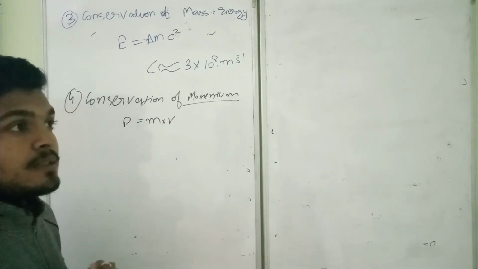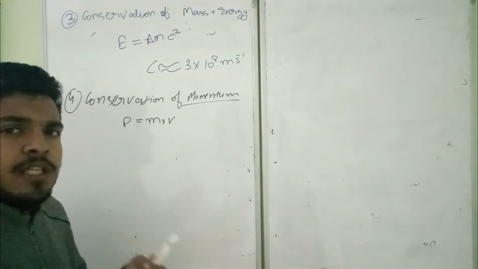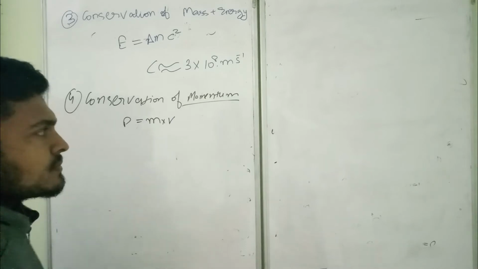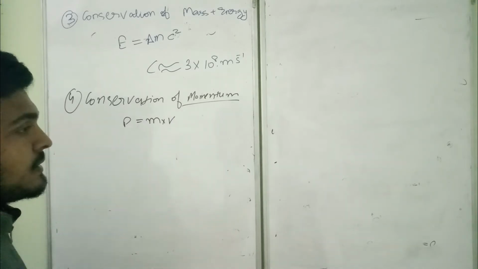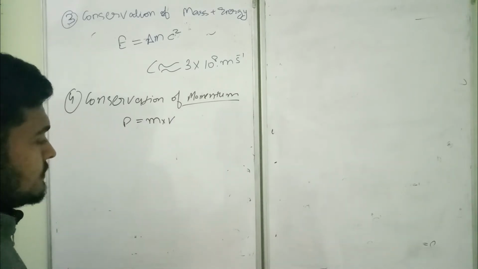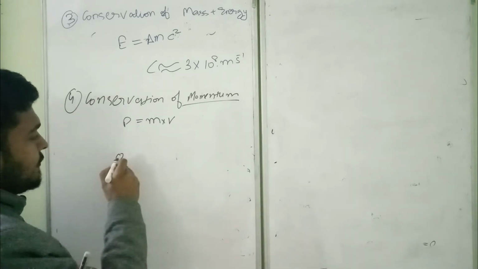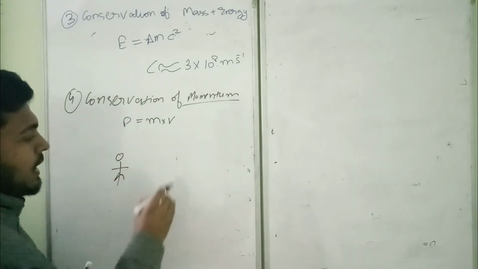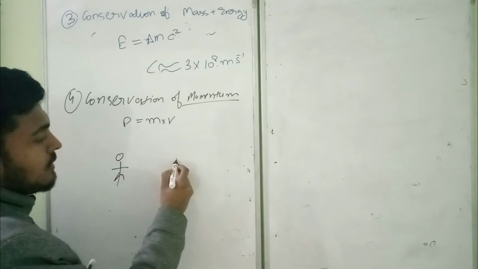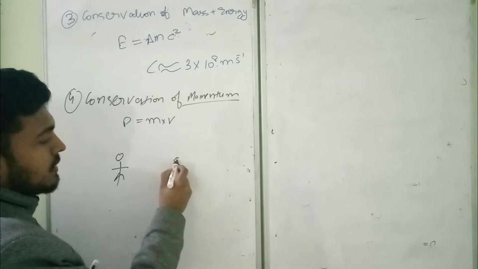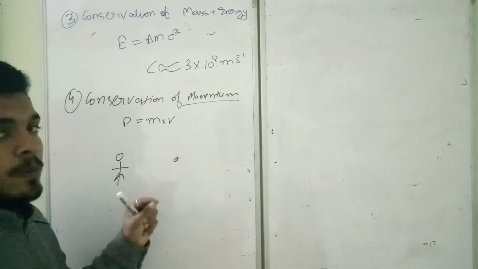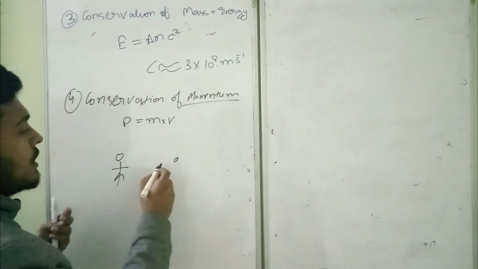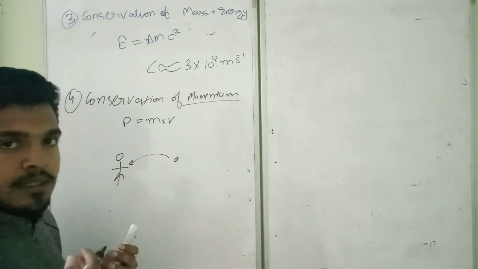But what is the physical interpretation of this momentum? Let us see. If you are standing here and someone throws a very small ball towards you, then you can easily catch it.